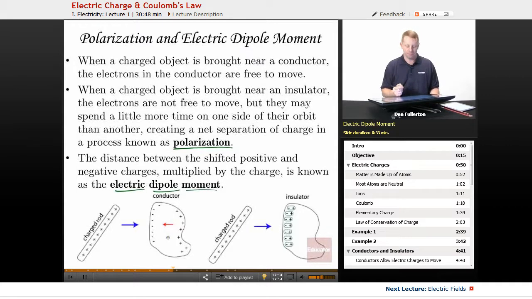And here we just have a couple diagrams showing that. With a charged rod and a conductor, the electrons spend time here. It's easy to see the attraction. With the charged rod and insulator, where the charges aren't free to move, inside the atoms themselves, the electrons spend a little bit more time toward the positive side, and you still get that net force of attraction.